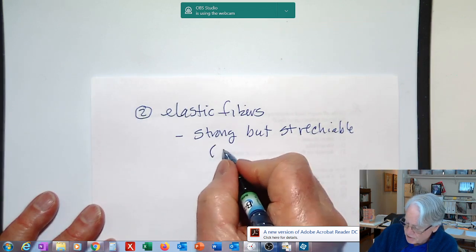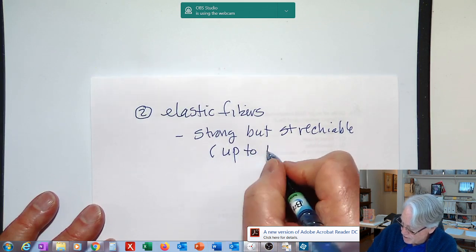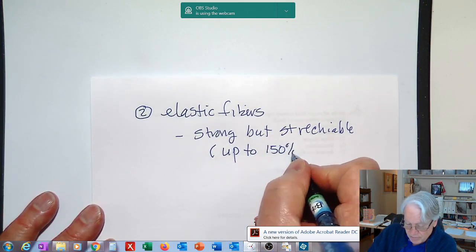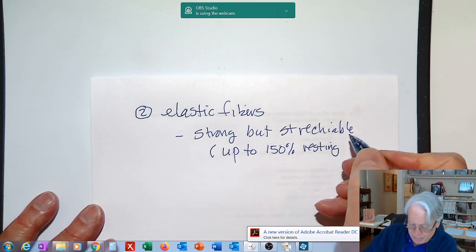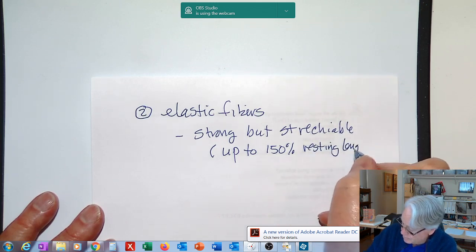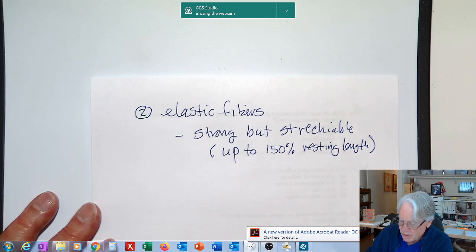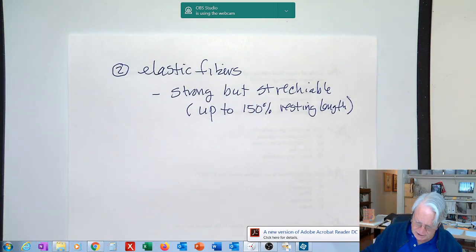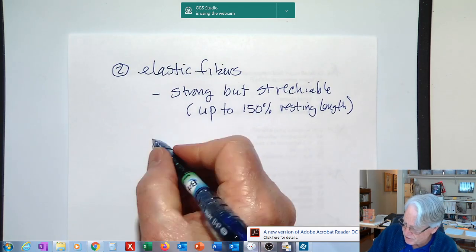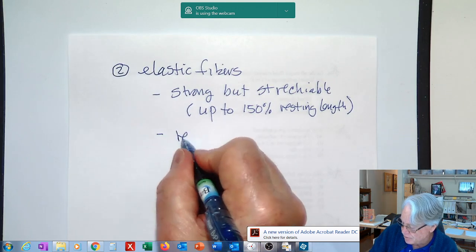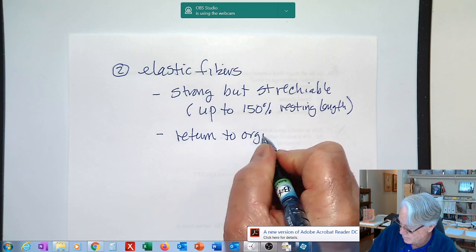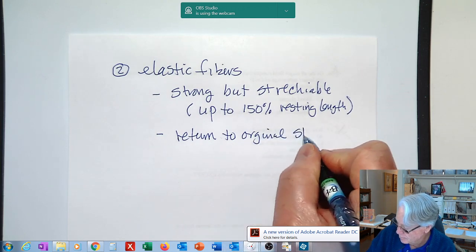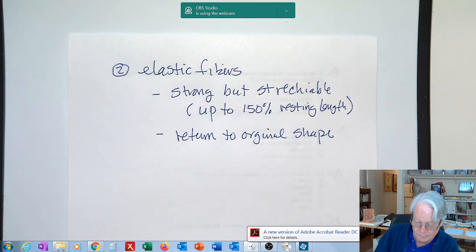So they can be stretched up to 150% of their resting length. So they're like giant rubber bands. Okay. Strong, but they can flex. Once they're stretched, they can return to their original shape.